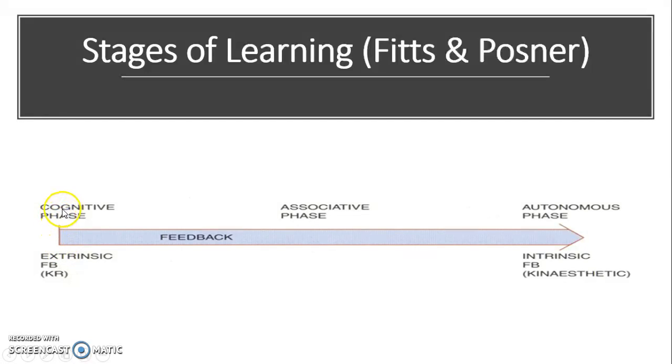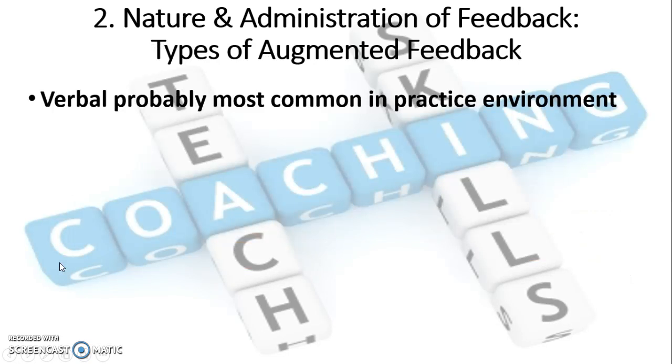So cognitive beginner feedback tends to be extrinsic, knowledge of results, and then as we move up, it's more kinesthetic and intrinsic. Okay, so the feedback's more from within their own kind of lexicon, encyclopedia of knowledge. The beginners don't have that, so they need that layered on by the coach.